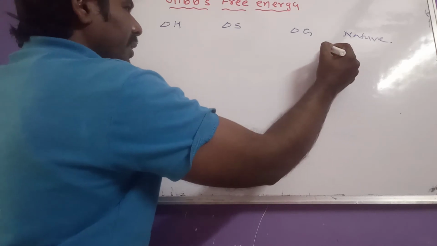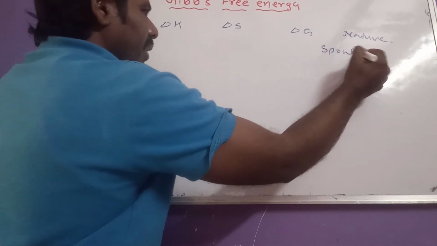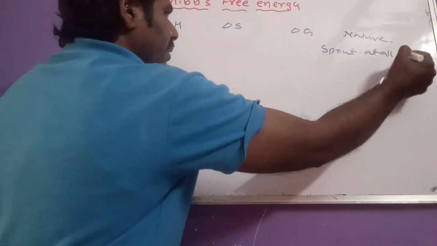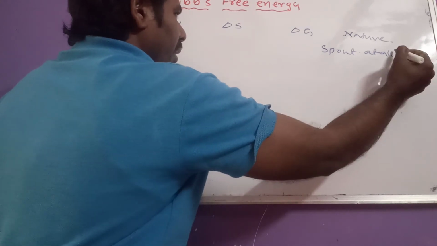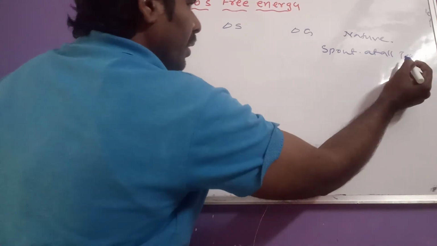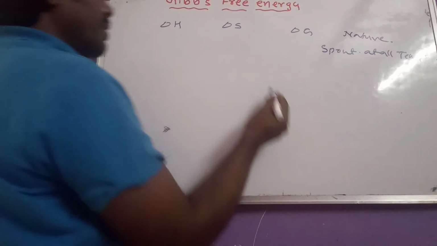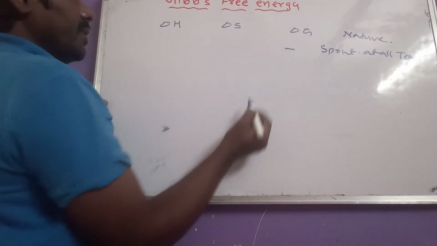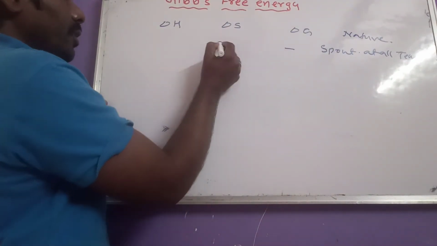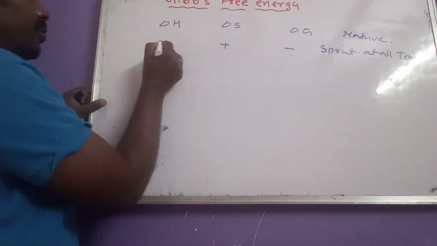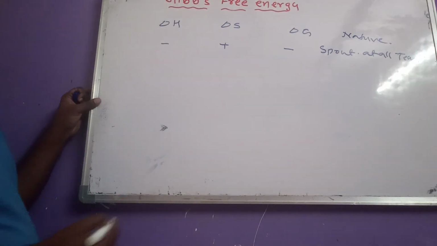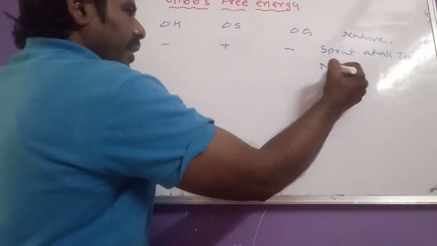First, spontaneous at all temperatures. If a process is spontaneous at all temperatures, delta G is negative, delta S is positive, delta H is negative.